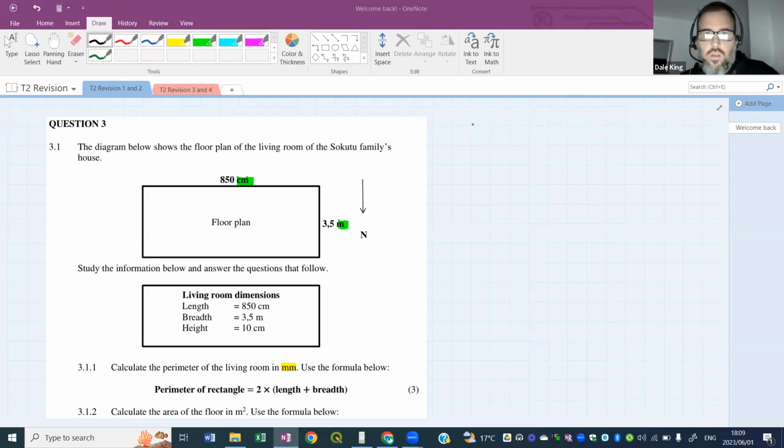Okay, so do we have any answers yet for the first question, calculating the perimeter of the room? If you do and you finish, just put some answers into the chat, then I can see that you guys are done, and then we can go ahead and do this one.